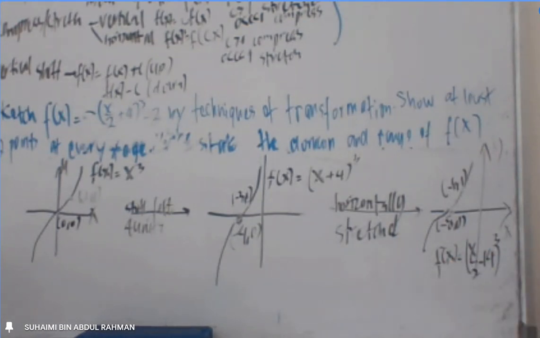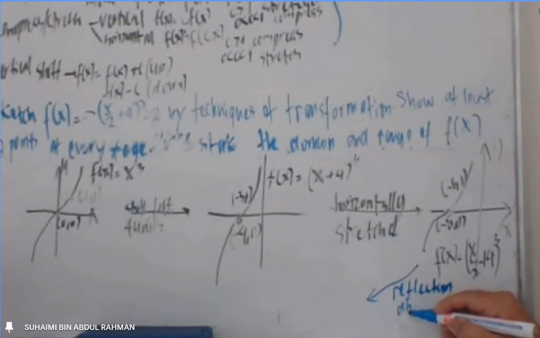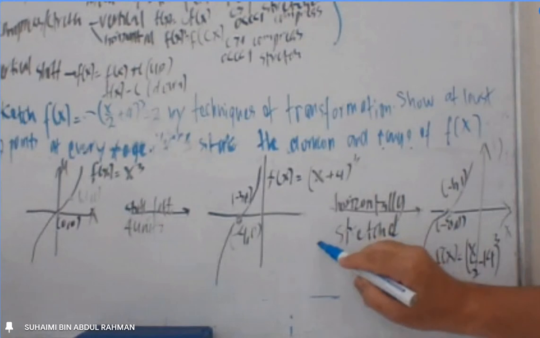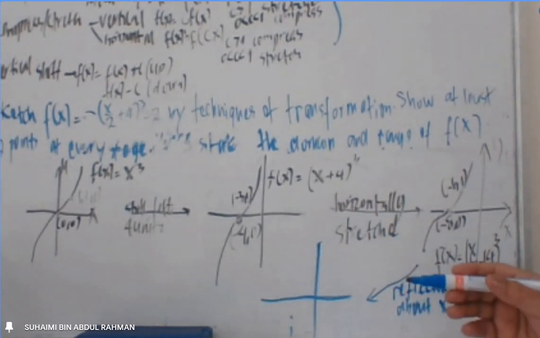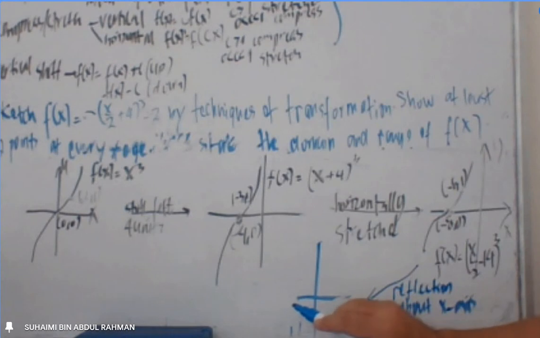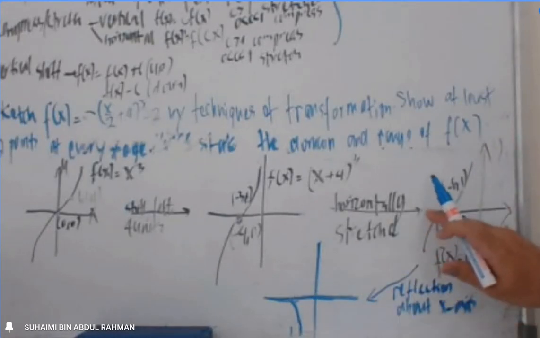So we can say here that reflection about the X axis. So we reflect, and this one reflects, and go.